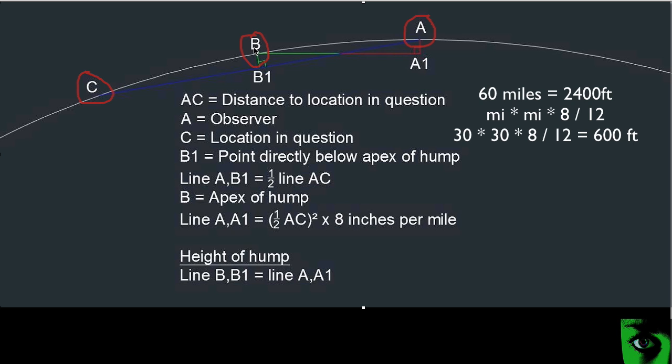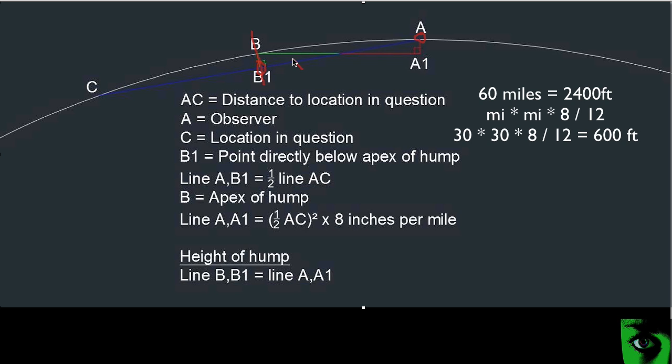So drawing a line down from the apex to this line between A and C at a 90-degree angle, and then drawing a line straight down from the observer at 90 degrees and connecting B to A, we create two 90-degree triangles, and they are connected between A and B. Now what we see here is that B is exactly half between A and C.